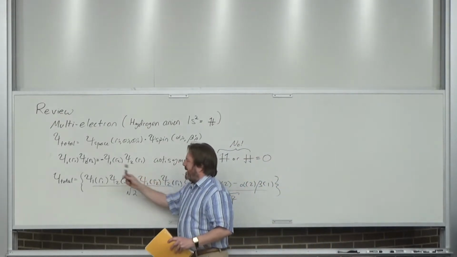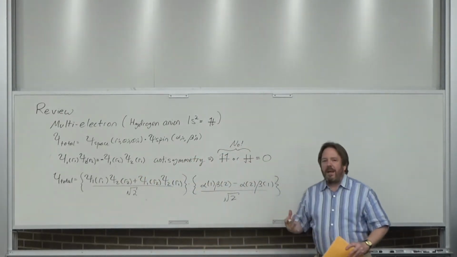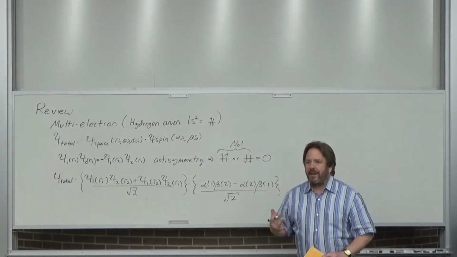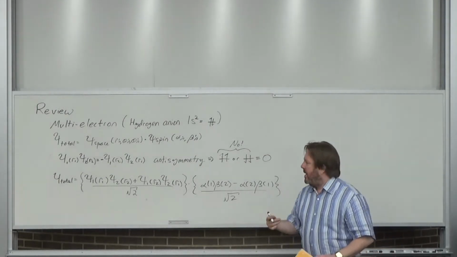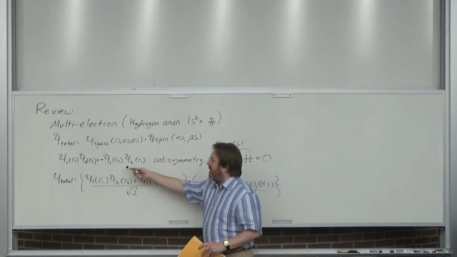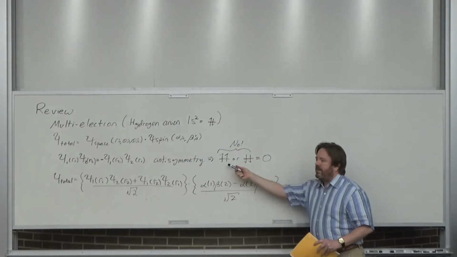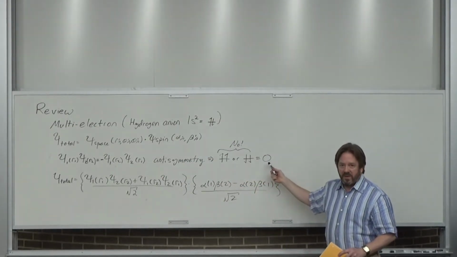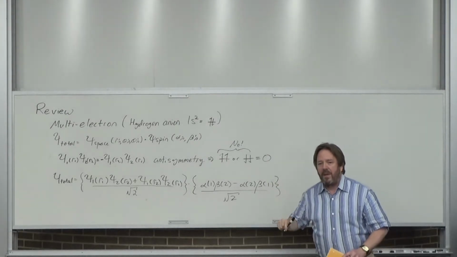You have to pick up a minus sign when you permute the labels on the electrons, and it's like, why would you ever do that? Well, the answer is that if you have this property and you stupidly describe something that can't exist, the wave function will equal 0. And we talked about that last time.